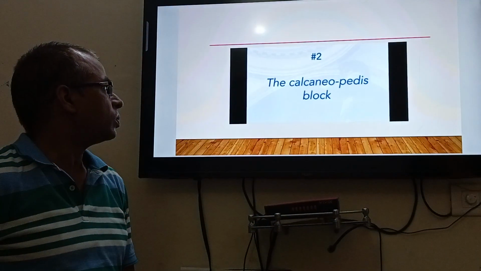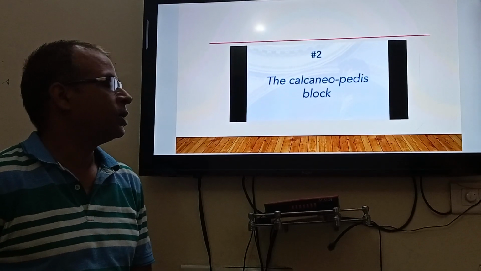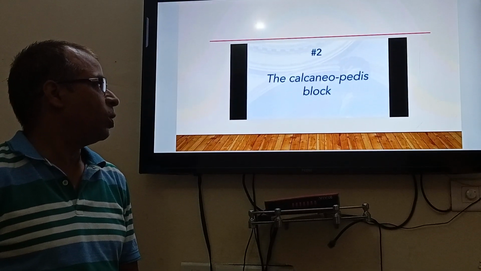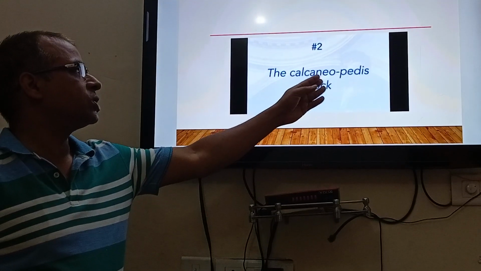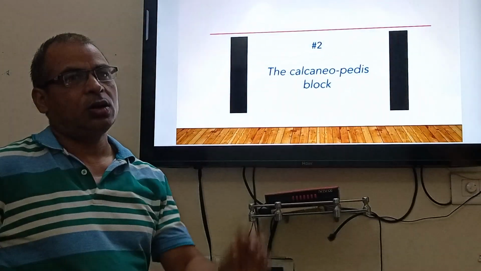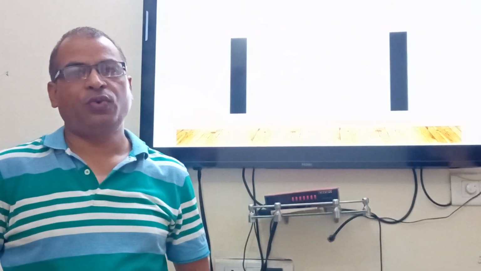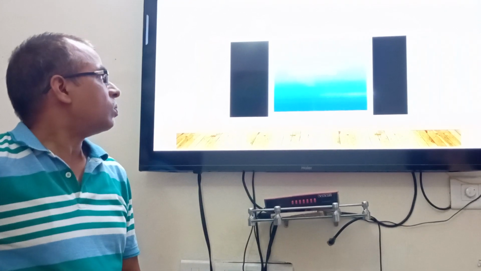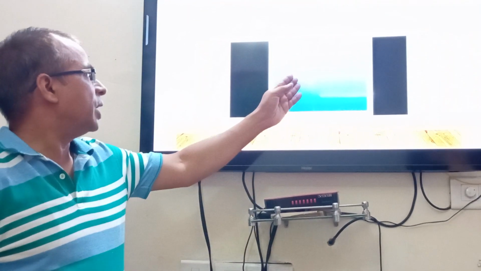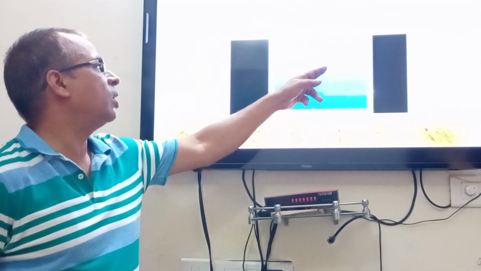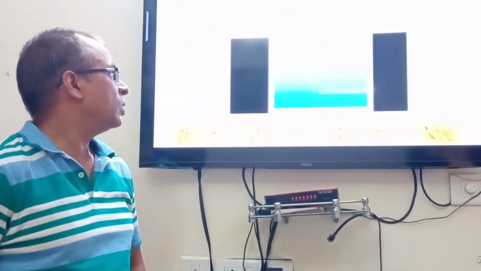Good. Next, the second principle is the calcaneopedal block. The calcaneopedal unit is all the bones of the foot except the talus. In the calcaneopedal block, the entire forefoot moves with the calcaneus around the talus.